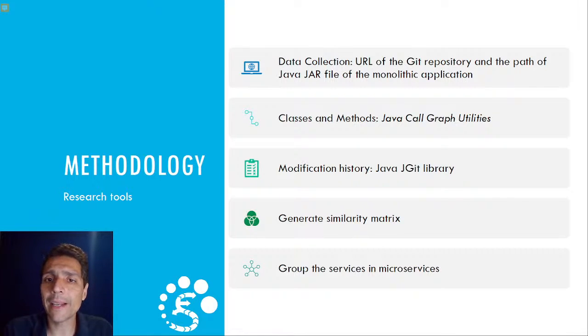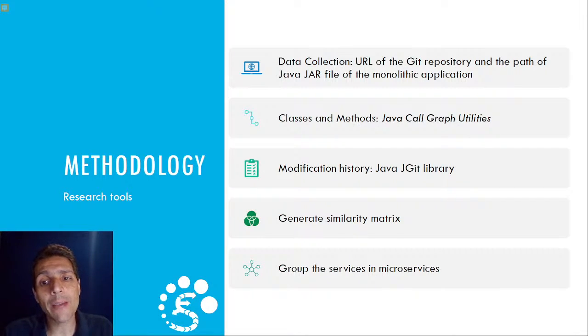You can put a lot of parameters, like which modules you want to decompose and which modules represent the microservices, and then it starts building the dependency graph using the Java call graph utilities. The Java call graph utilities make a dependency graph based on classes and methods.